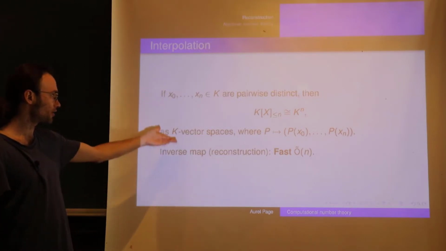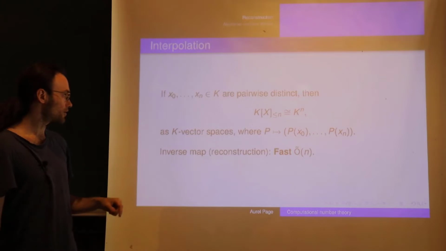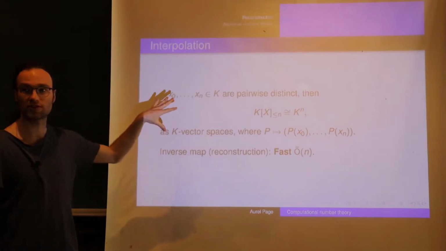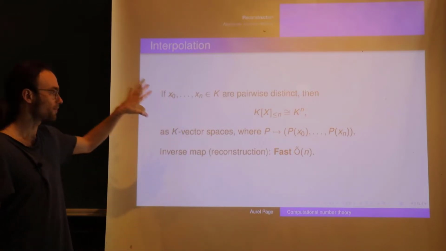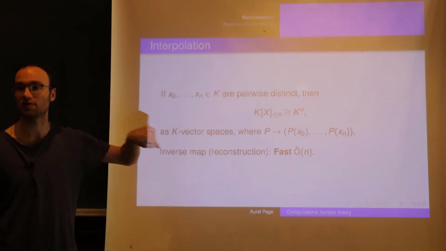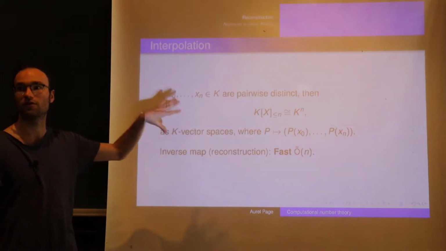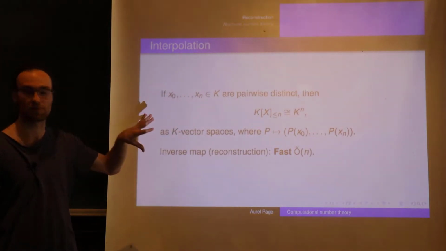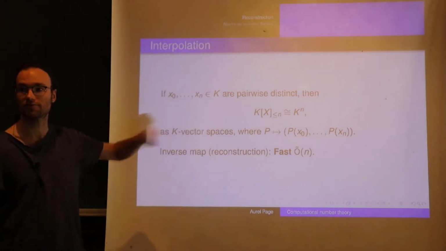Here, this is for arbitrary evaluation points, but you cannot actually use that to design a fast multiplication algorithm. That would be circular because this uses fast multiplication. Okay, so you need to do it first for roots of unity to have fast multiplication, and then on top of that you can build this.